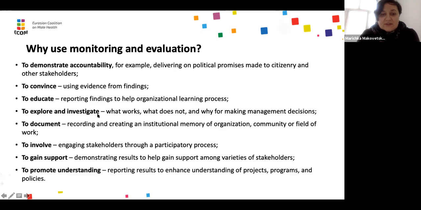Explore and investigate what works, what doesn't work, and how we may mitigate these risks. Document by recording and creating institutional memory of the organization. Involve other stakeholders and supporters, public people, actors, singers, etc. Gain support, again, from a variety of stakeholders, and promote understanding.